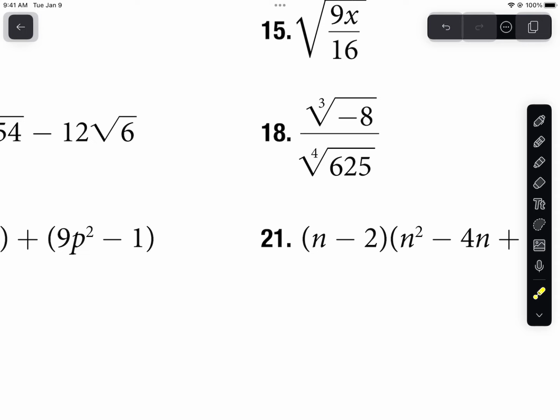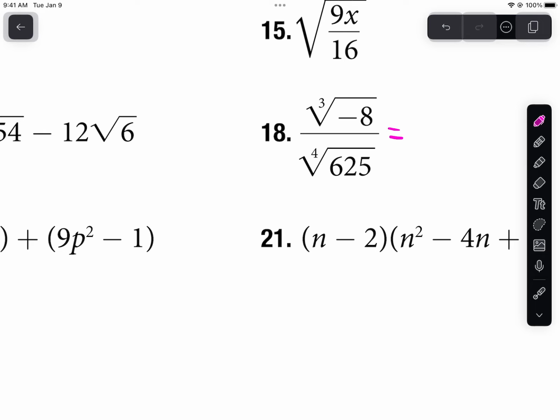They're very specific numbers I'm searching for. Same thing for 4. 2 to the 4th is 16. 3 to the 4th is 81. 4 to the 4th is 256. 5 to the 4th, guess what? 625.